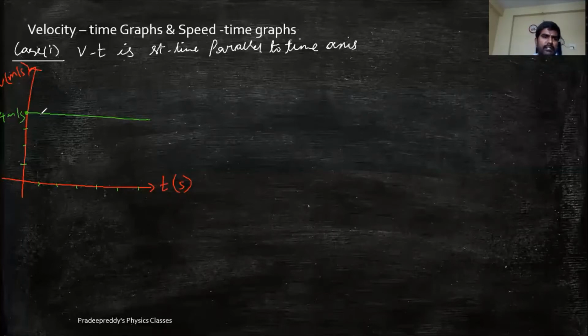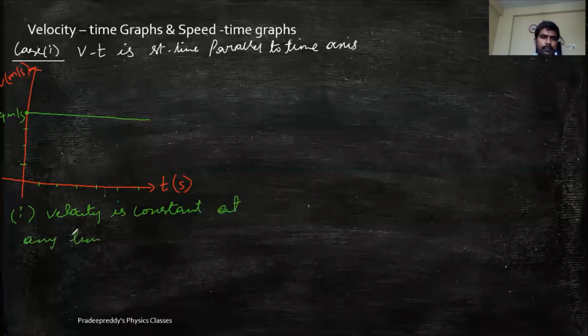It is 4 at 1 second, 4 at 2 seconds, 4 at 3 seconds, 4 at 5 seconds, any time. So what does it represent? Velocity is constant at any time.